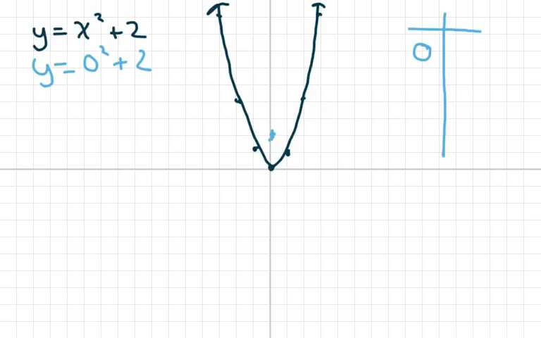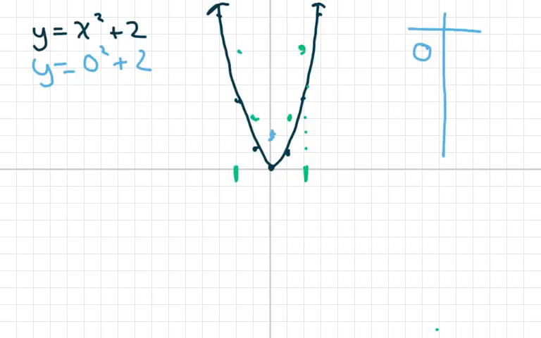And then from here, what I do is I just draw my parent function. So from here, I go up to here, and 2 is going to go up to 4. So from 2 and negative 2, I'm going to go up to 4. 1, 2, 3, 4. And then it's symmetric.